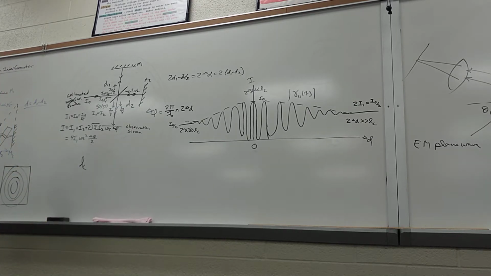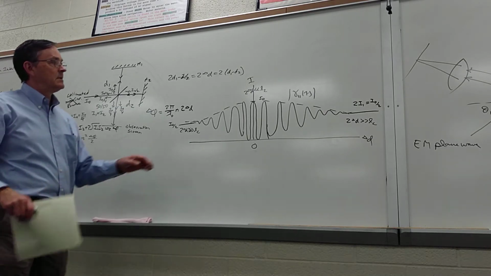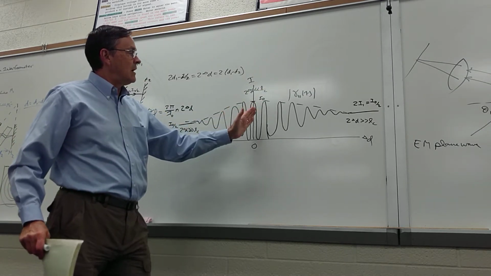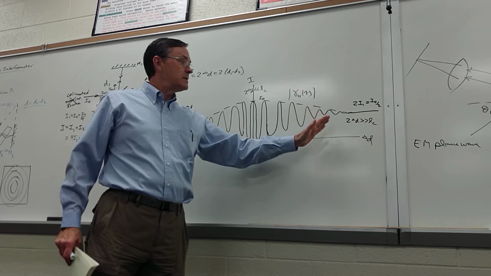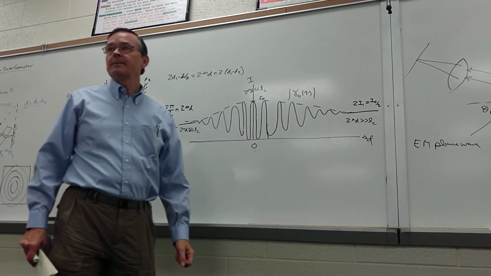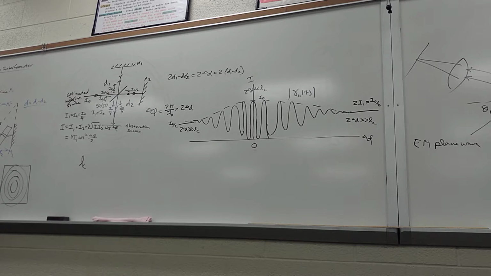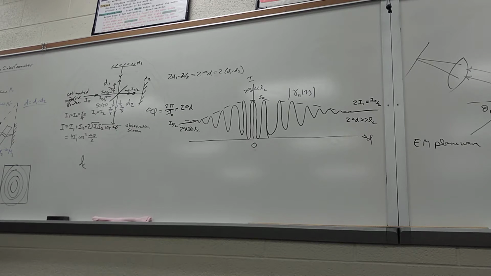And in between, we're going to transition from being much smaller than LC to on the order of it, to bigger than it, to much bigger than it. So we'll see our fringes wash out as we have more reduced interference because of the reduced coherence. Okay, is that making sense?